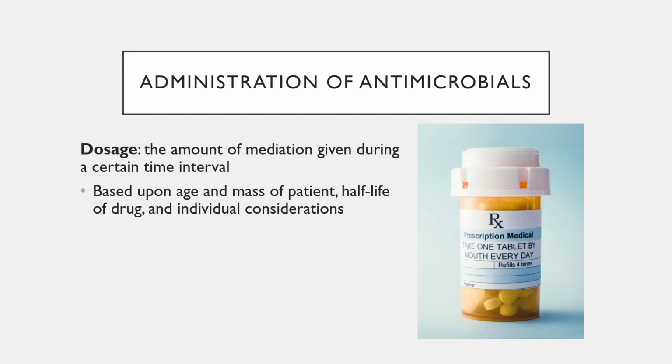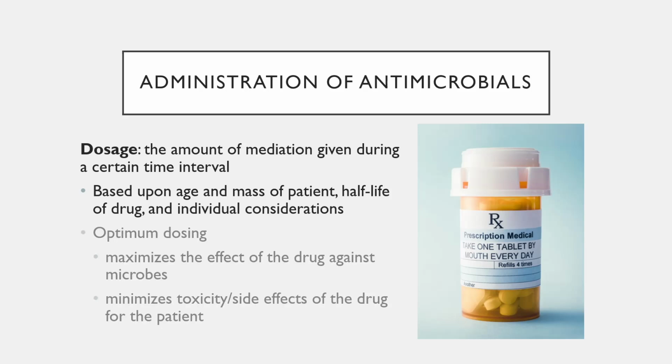The mass of a patient can determine how much drug is needed to disseminate throughout the body. The half-life of the drug determines how quickly the drug is broken down once it enters the body. Optimum dosing will maximize the effect of the drug against the microbes while also minimizing the toxicity and side effects of the drugs for the patient.